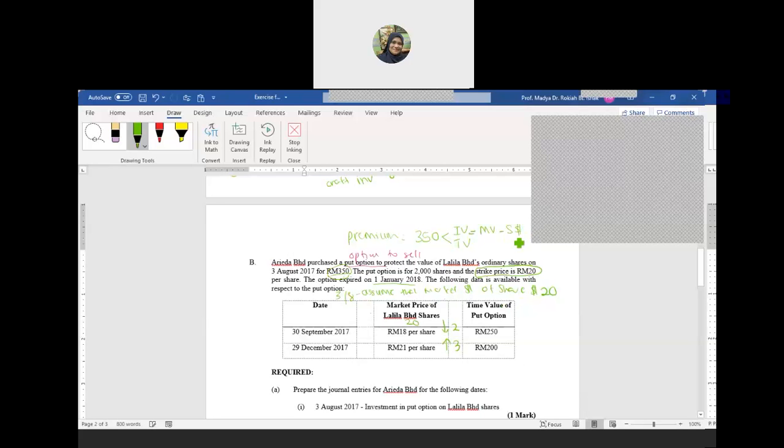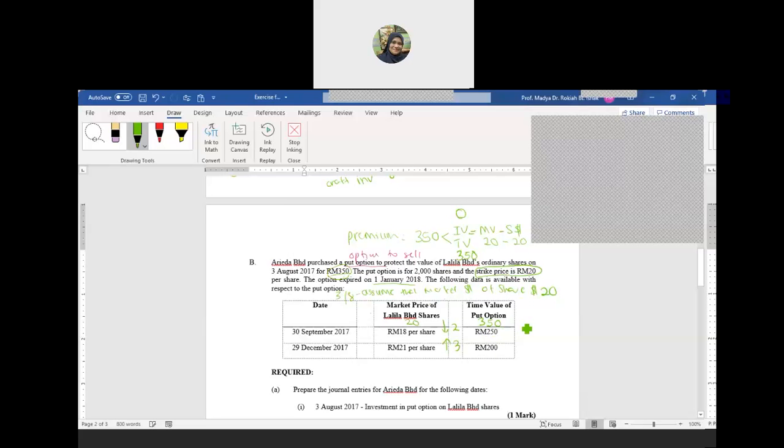The market value here is 20 and the strike price is also 20, so the intrinsic value equals 0. Since your intrinsic value equals 0, it means that your time value is equal to 350.